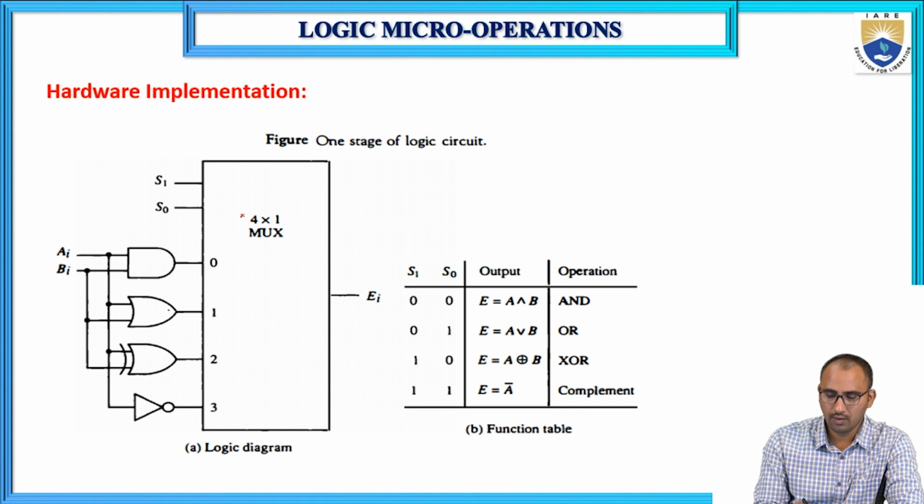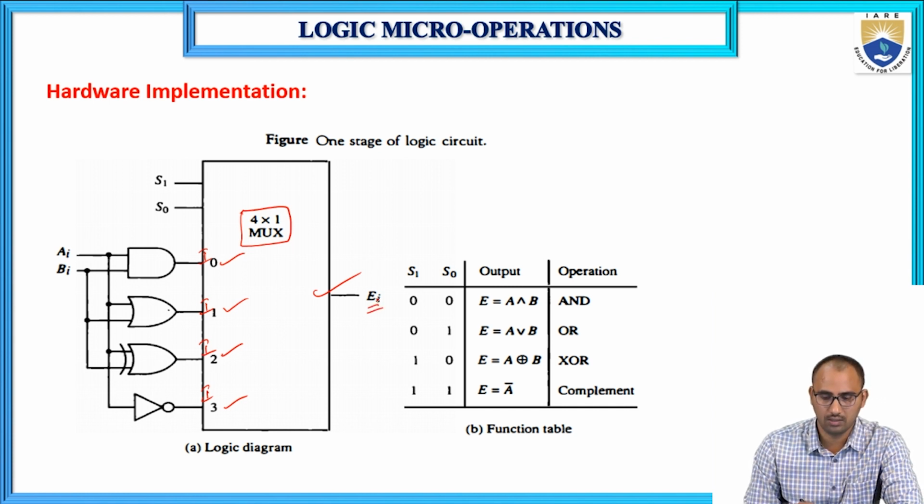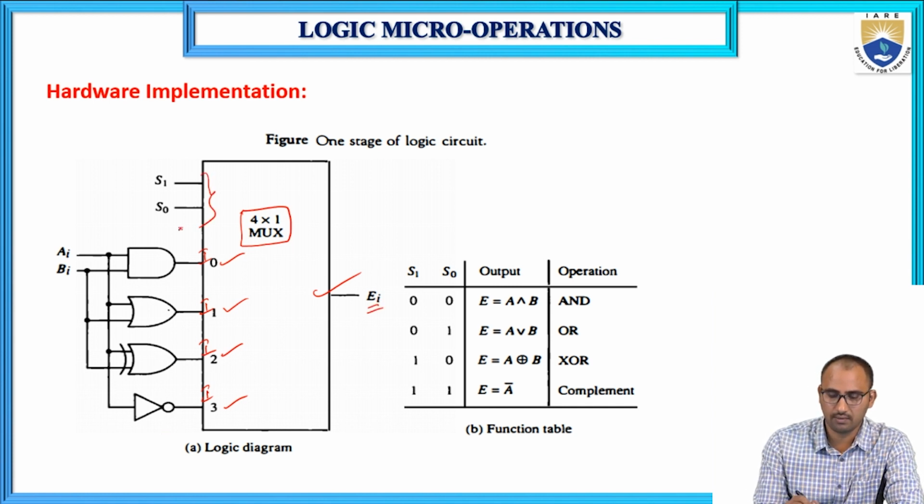It is a 4 by 1 multiplexer, so that means four inputs are there: I0, I1, I2, I3. Total four inputs and one output, I is the output. And two selection lines are there.